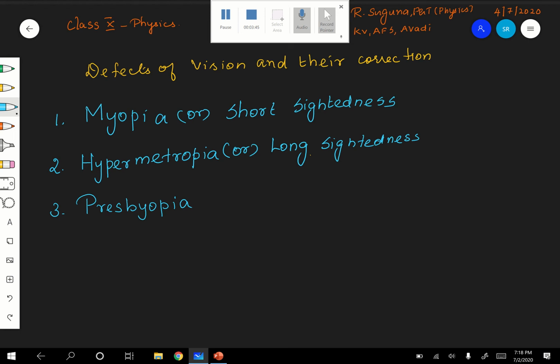These are all the common refractive defects of the eye. This we are going to see.